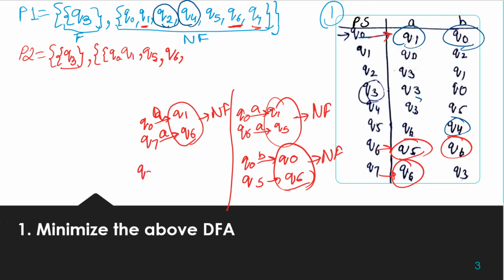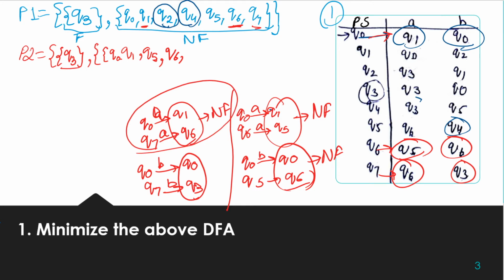Now let's check for input symbol B. For input symbol B from Q0 we are moving to state Q0, and from Q7 we are moving to state Q3. Here we can see that Q0 and Q7 were compatible for input symbol A, but they are not compatible for input symbol B because Q0 belongs to the group of non-final states and Q3 belongs to the group of final states in the previous partition P1.